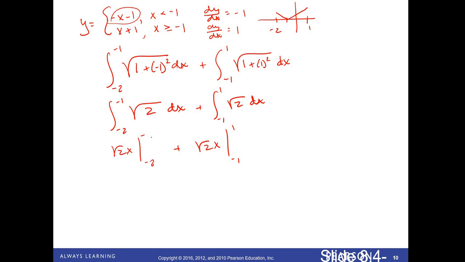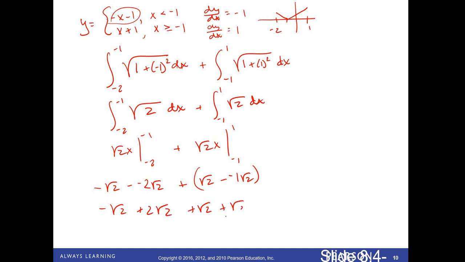So this would be plugging in negative 1: I would have negative root 2 minus a negative 2 root 2, plus root 2 minus a negative 1 root 2. So let's get rid of all these negatives. Negative root 2 plus 2 root 2 plus root 2 plus another root 2. Two of those will cancel, and I'll end up with 3 root 2. So that is the length of this curve.